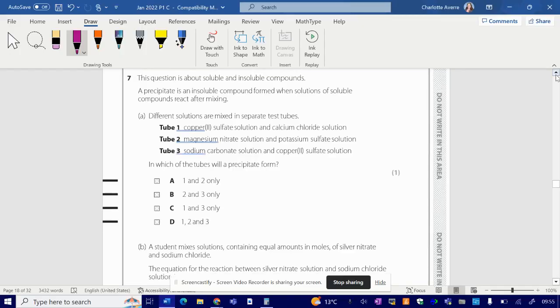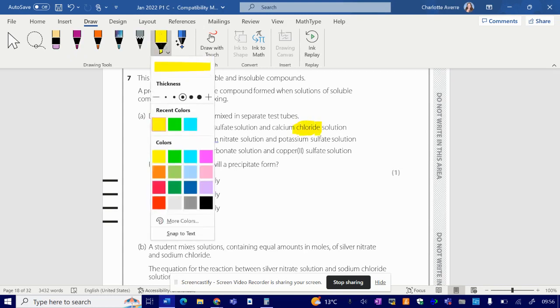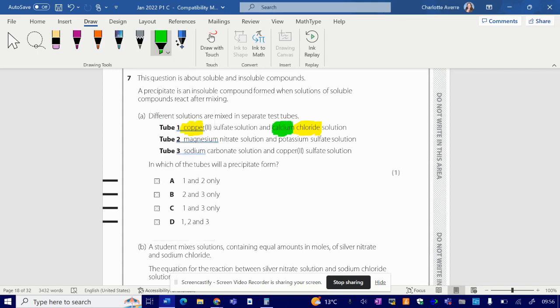Okay, question number 7, we're looking at soluble and insoluble compounds. So this is going to require you to know your solubility rules. They've mixed some different solutions together and they want to know in which of the tubes will a precipitate form. Okay, so the products of my first tube are going to be copper chloride and calcium sulfate.